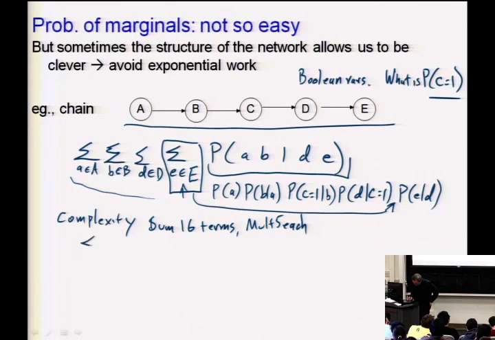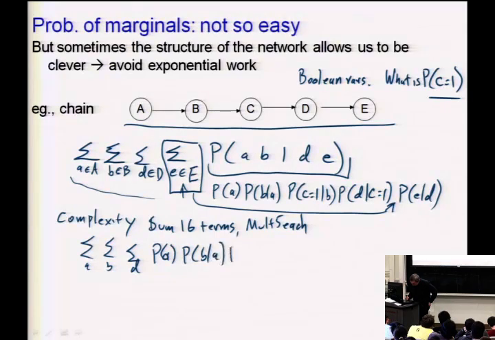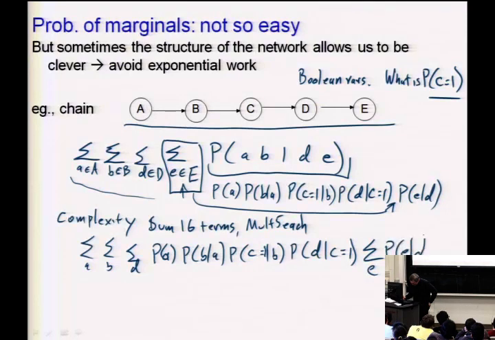So I could rewrite this expression as the sum over A's and B's and D's of, and here I'm going to put all the terms that don't depend on E. Right?